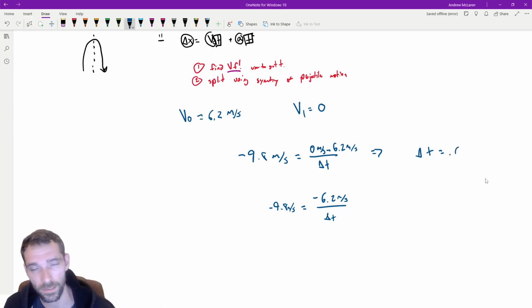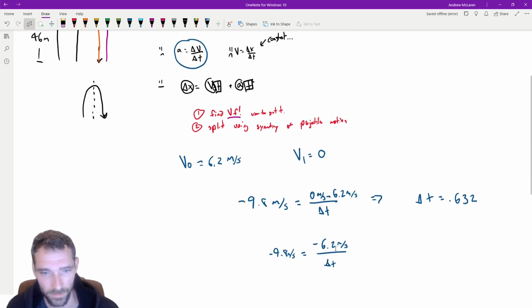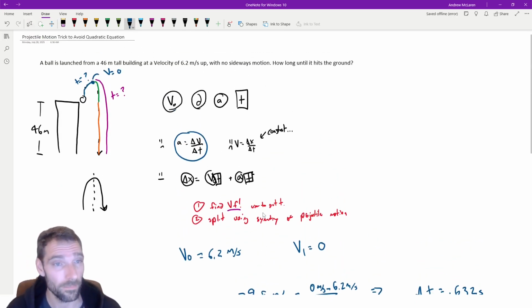So 0.632, just going to have an extra sig fig on there just in case. So that actually means that this first number that we want to look at for this first time is now known, and it's 0.632.